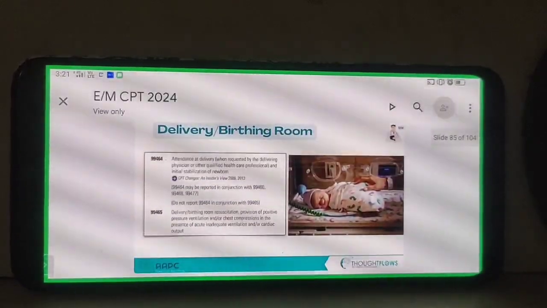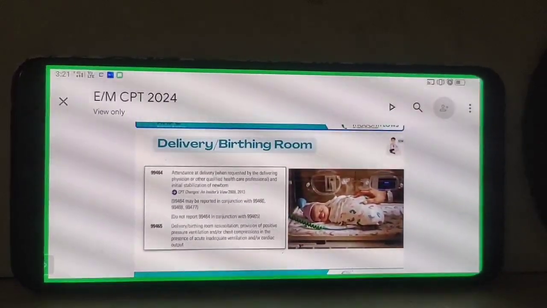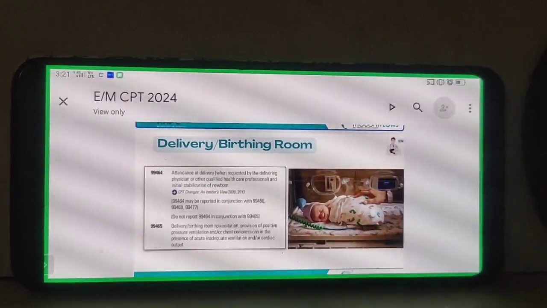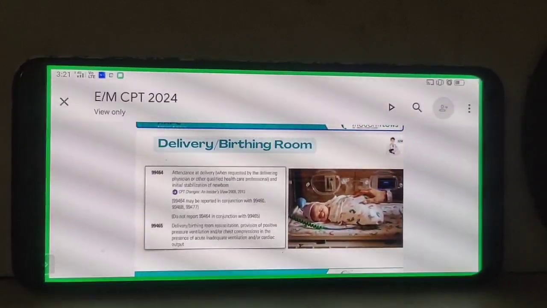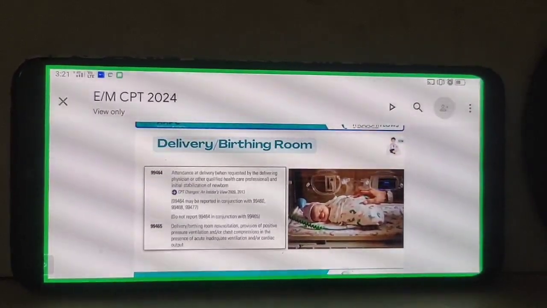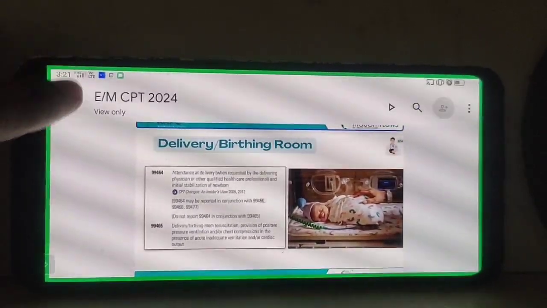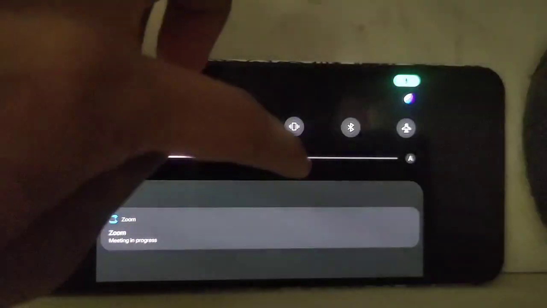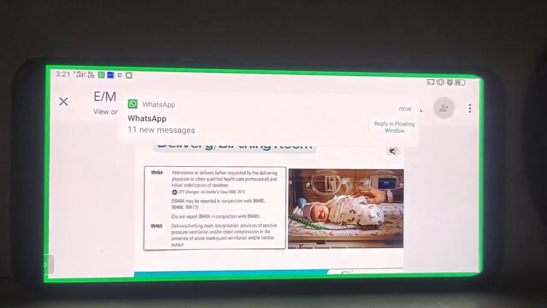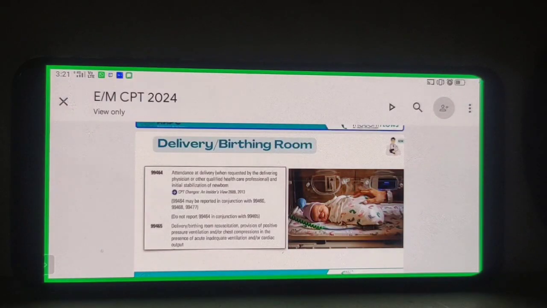Then this is a code for the birthing room, delivery room, labor ward. After birth, the newborn is present in that delivery room for a few minutes for initial stabilization.